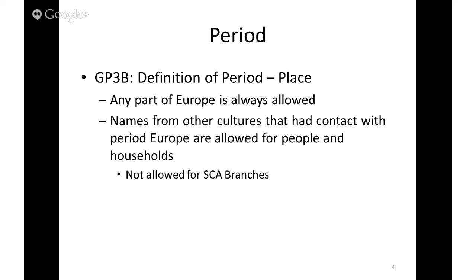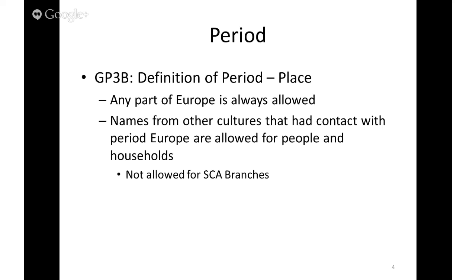So Japanese names are allowed because there was contact between Japan and Europe. Chinese names are allowed. However, names from the interior of Africa, from northeastern Asia, from the interior of the Americas are generally not allowed, and Australia is right out, because those cultures did not have contact with Europe in period.